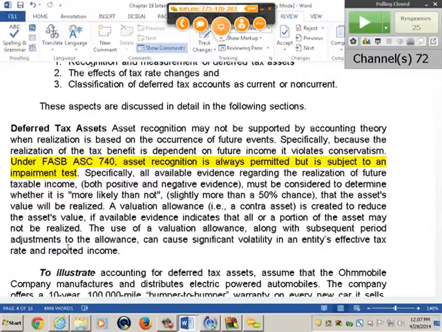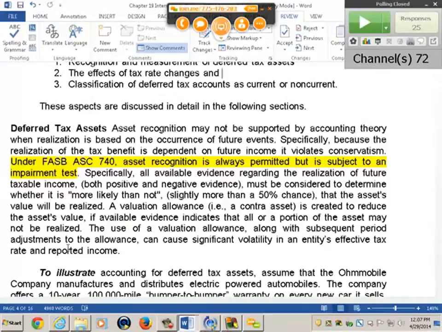In order for those tax deductions to be valuable to you, you have to have income. Now, just think about the SEC looking at this, and they would say, okay, if I allow companies to report deferred tax assets, it's going to signal to the market that they expect to have future taxable income, correct? Otherwise, the asset is useless. If taxable income is expected, book income has to be even what? Higher, normally. So the SEC originally made it very difficult to recognize deferred tax assets.